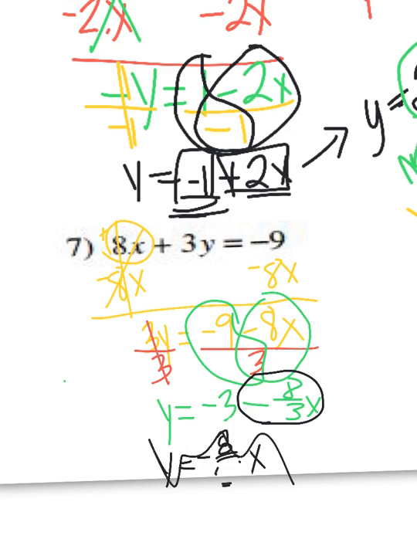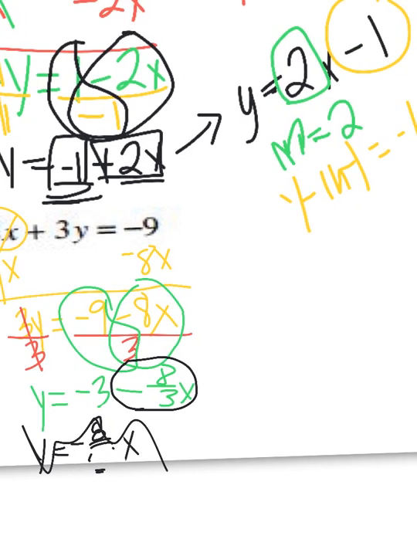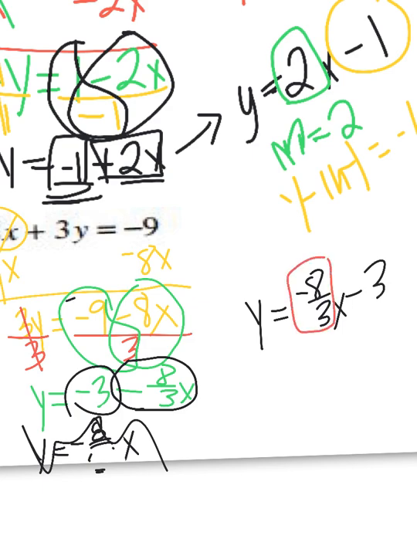So that is y equals -8 thirds x, and then this -3 comes afterwards. The slope of this line is this first part right in front of the x. So the slope is -8 thirds, and my y-intercept is -3.